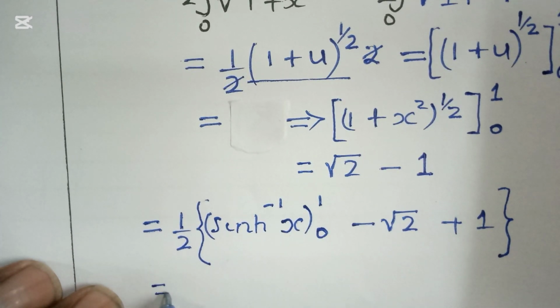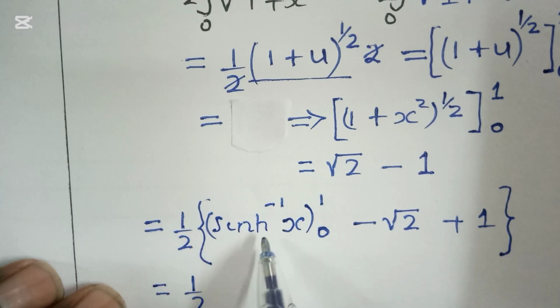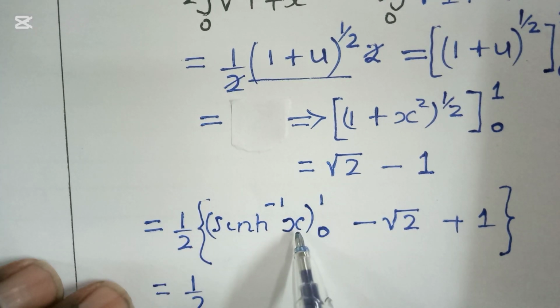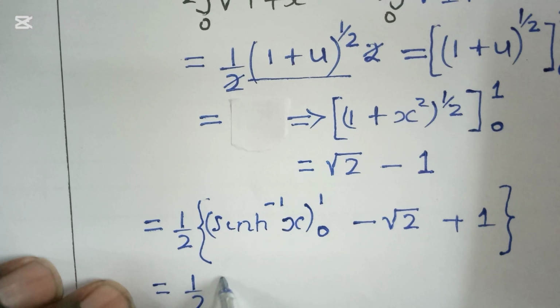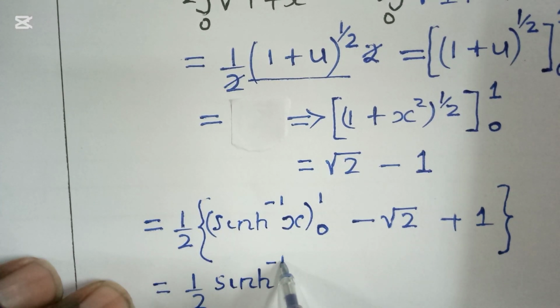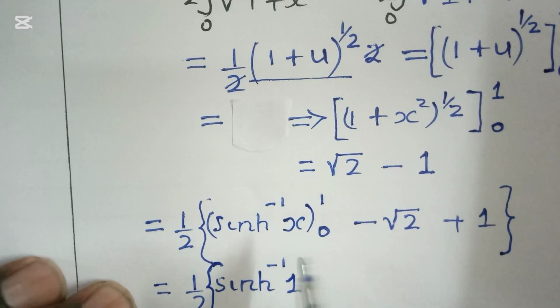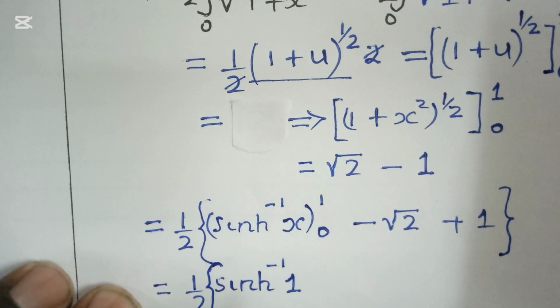Finally, guys, we can now replace our 1 and 0. By doing that, we shall have a half, sine hyperbolic inverse of 1, we can write it there first, also put in that bracket, minus sine hyperbolic inverse of 0 gives us 0.